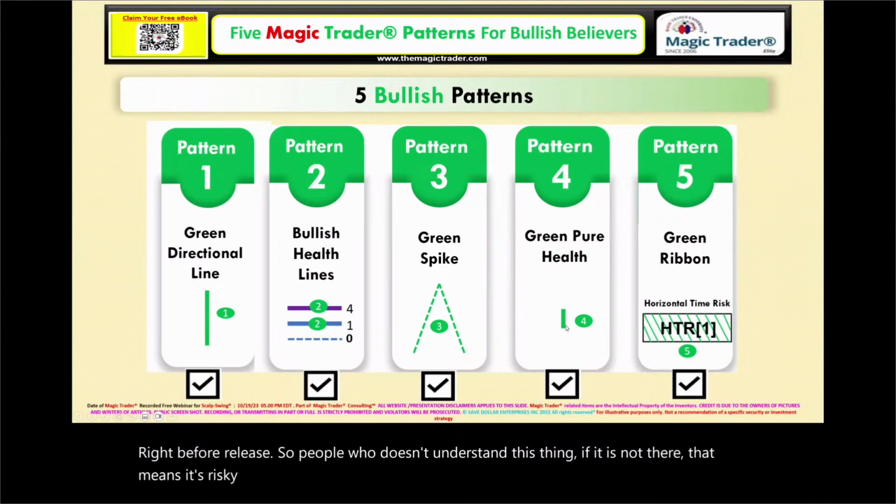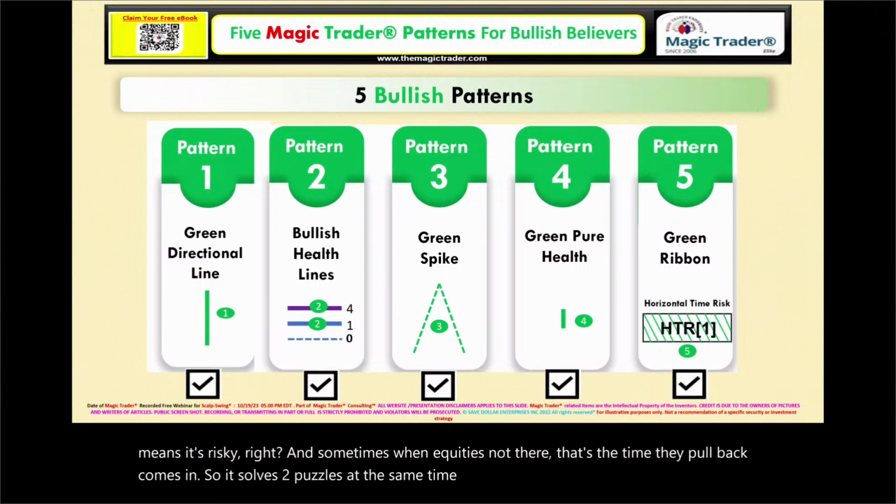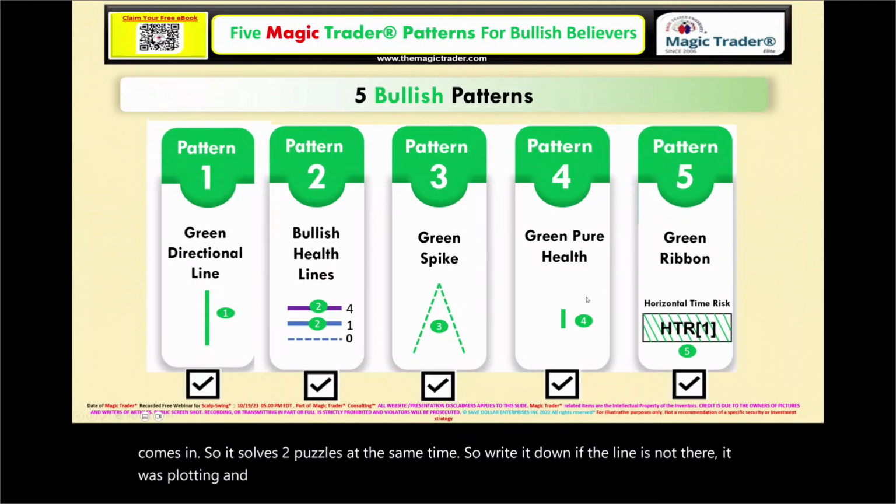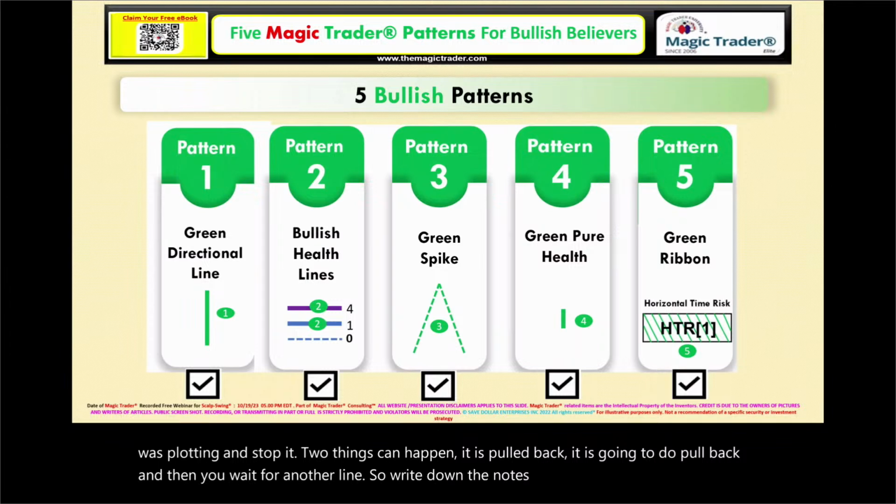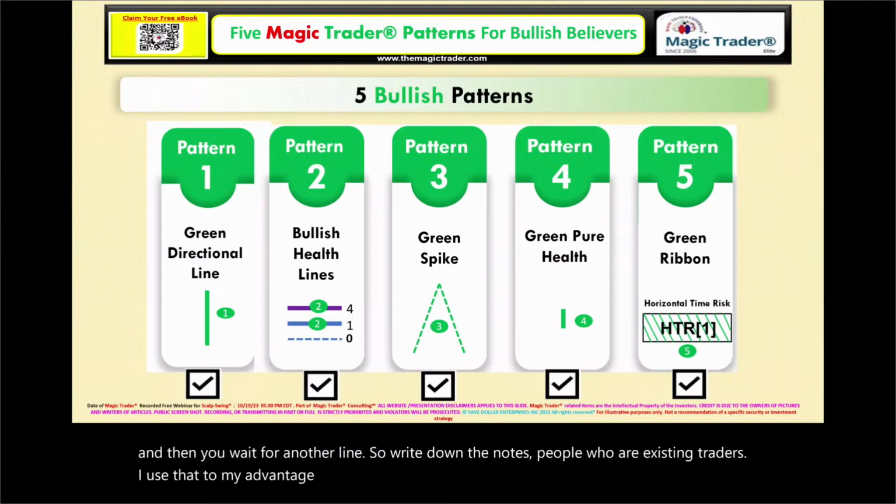And sometimes when it is not there, that's the time the pullback comes in, so it solves 2 puzzles at the same time. Write it down: if the line stops plotting, 2 things can happen. It is going to do a pullback, and then you wait for another line. So write down the notes, people who are existing traders. I use that to my advantage.